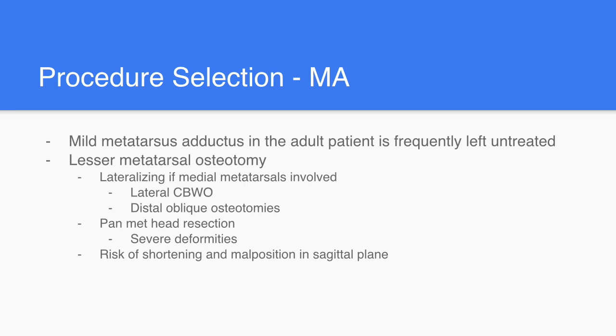Your options here, either a lateral closing base wedge osteotomy or a more distal oblique osteotomy to lateralize the lesser metatarsal, or metatarsals if you do 2 and 3. In the more severe deformities, a pan met head resection is not a bad idea, something to consider as well, but you do risk shortening and malposition in the sagittal plane.